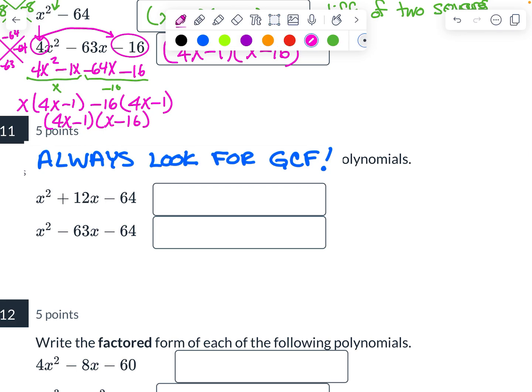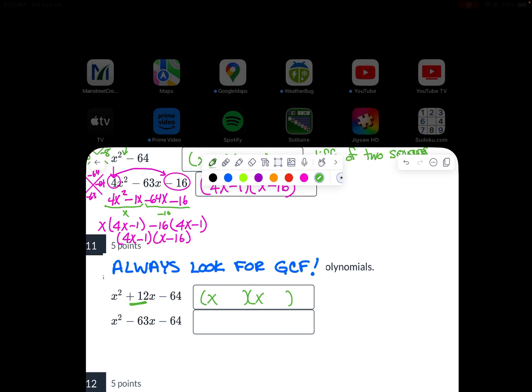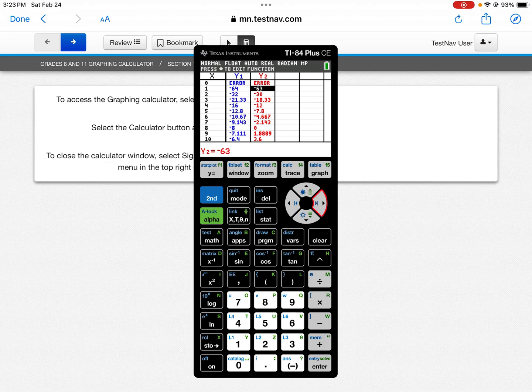And I purposely made this come out to be negative 64 because I knew some of you would already have in your calculator the factors of negative 64. So now we're looking for a red 12. So now if we go back to that list, we're looking for a red 12. That's a negative 12. We want a positive 12.